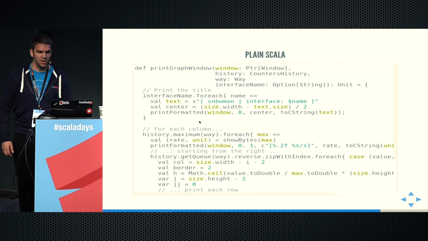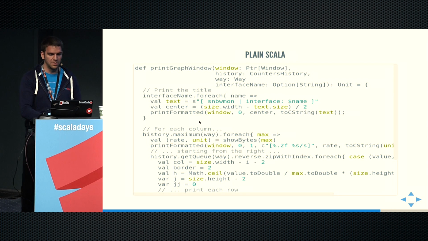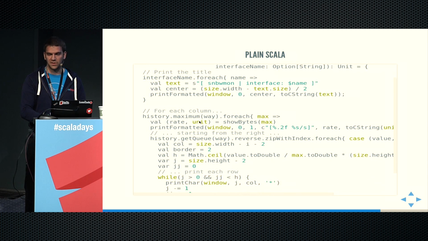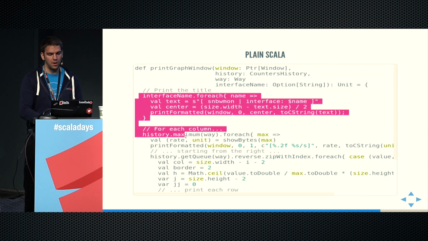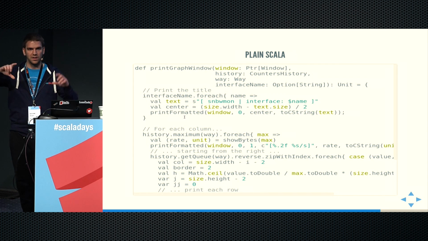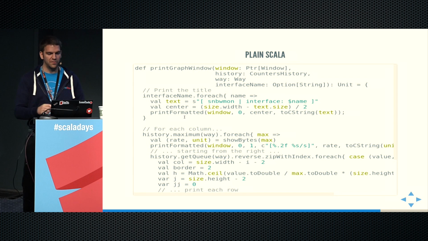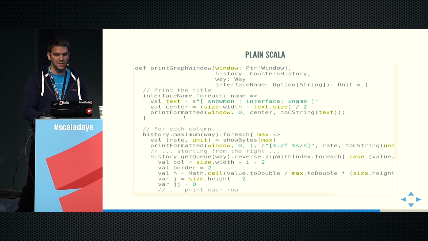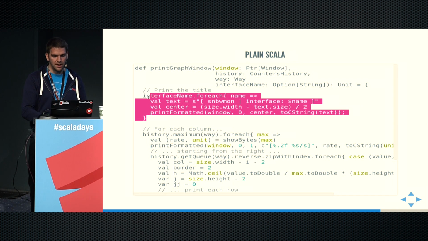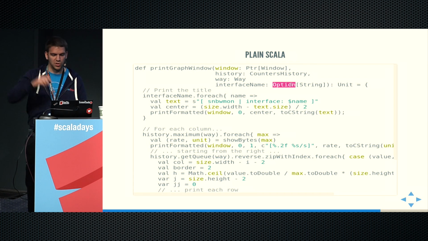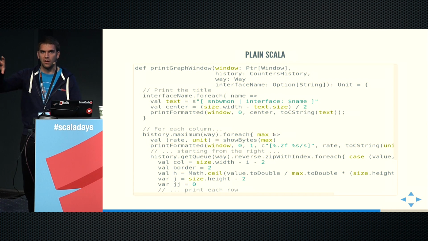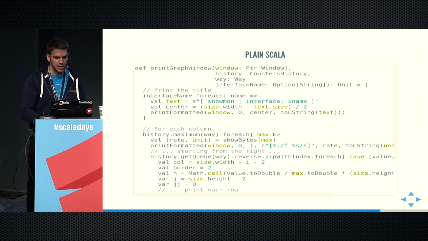This slide is pretty loaded, but it simply prints the graphs on the screen. So here, for example, on the first graph, which is at the top of the screen, we can print the interface name. So if we pass a sum of something, we want to show the title of the application, basically.